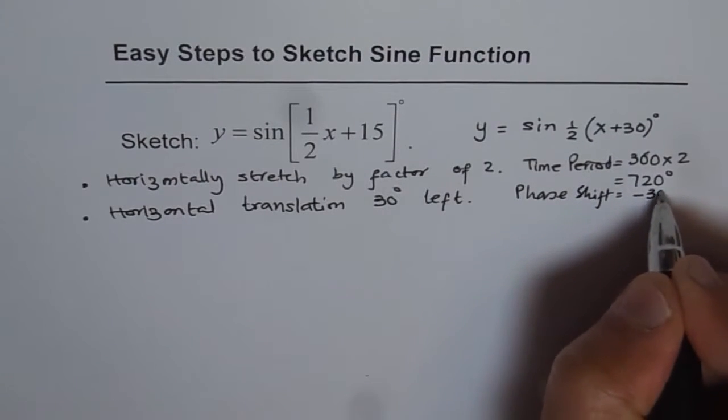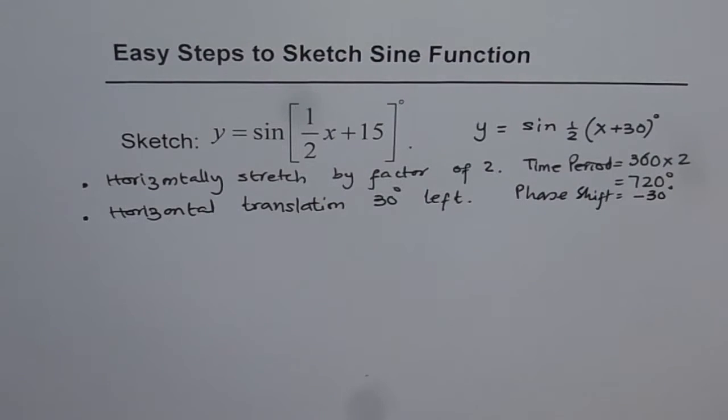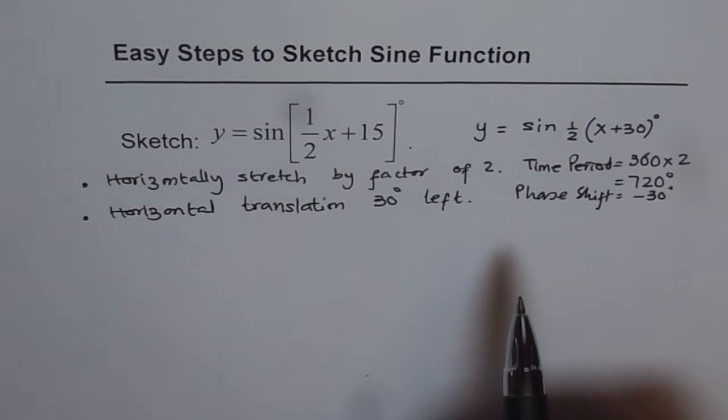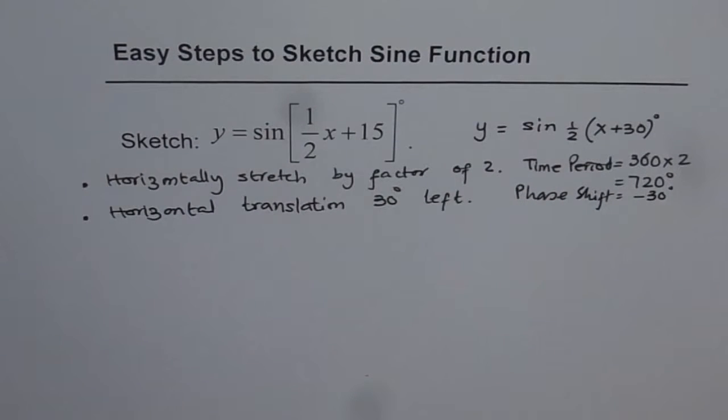Of minus 30 degrees. So sine function will start 30 degrees earlier. So these are the two basic transformations which we can see from the given function. Now to sketch the function, we can adopt a couple of methods. So I'll discuss two methods with you.